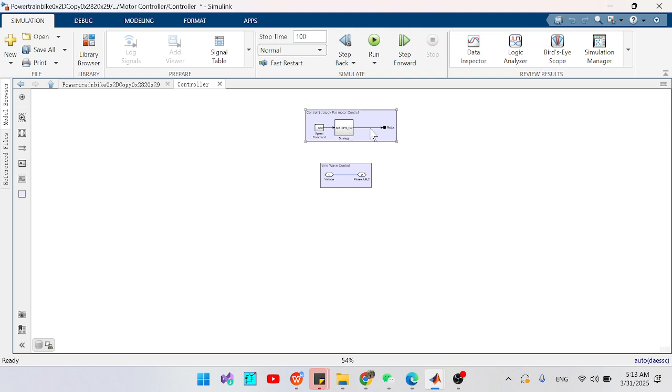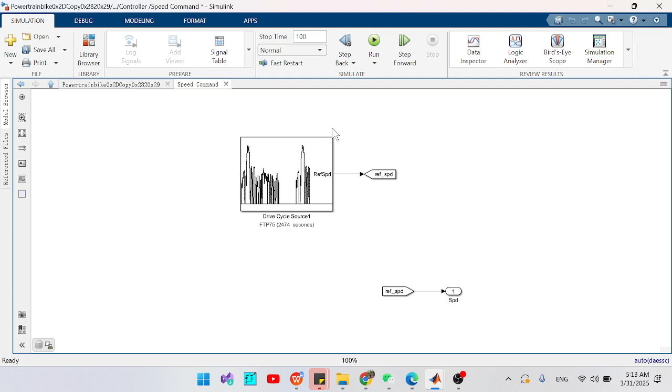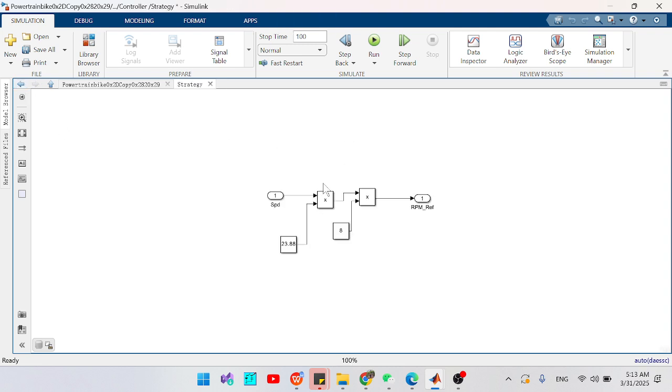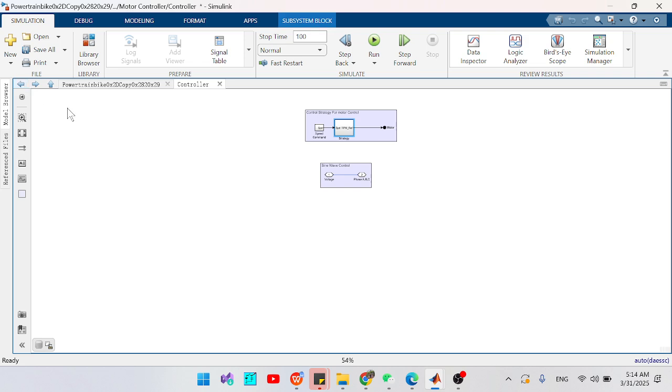So in the motor controller, what I actually included here is the strategy and the speed command. In the speed command, you see the FTP75 drive cycle that I'm giving as an input signal for a standard drive cycle, and we have a speed to RPM conversion, because the command is coming from the FTP75 drive cycle as a speed, but I have to convert it to an RPM reference because I have to give it to the motor.